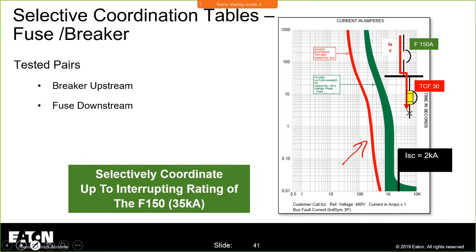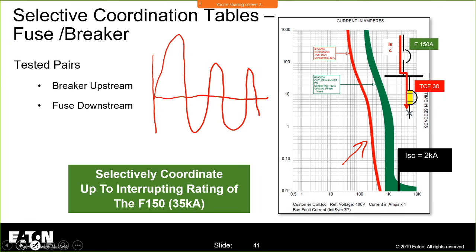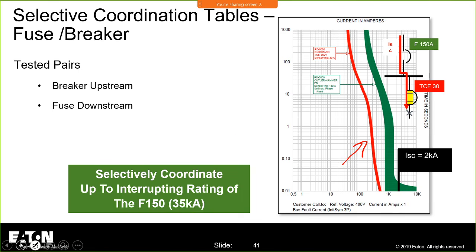And if you were in my class yesterday, you'll remember, instead of seeing all of this 1, 2, 3 cycles, that fuse is going to make my upstream device see something like that, a little blip on the chart. The upstream breaker is not even going to know what happened. And the value of that is I don't have to change my F-150.